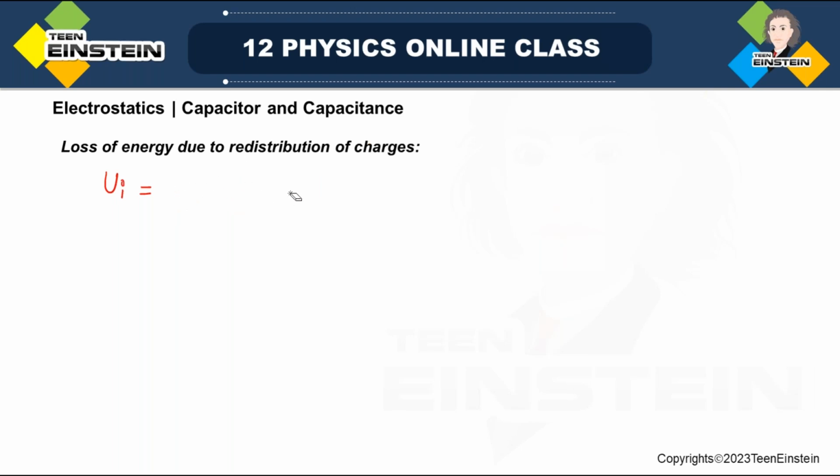So initially the charges were separate, they were not connected by the metal conductor. So Q1 square by 2C1 plus Q2 square by 2C2. So this is the initial potential energy.